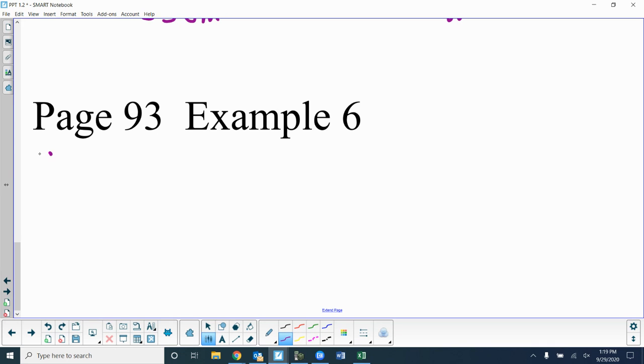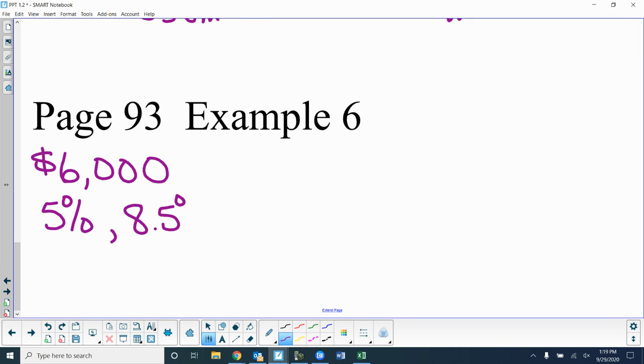So information, he's got $6,000 he wants to invest. Part of it in a 5% simple interest account, and the remainder, the rest of the money, in an 8.5% investment. Both of them are simple interest investments.